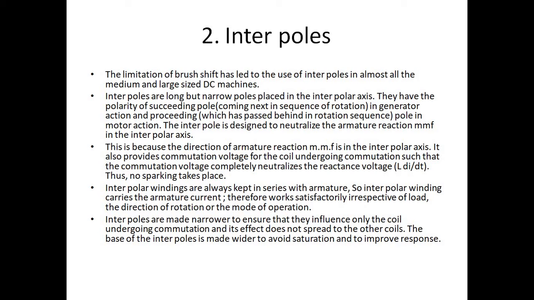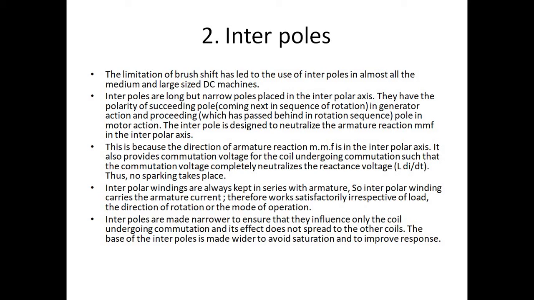The interpole is designed to neutralize the armature reaction MMF in the interpole axis. This is because it induces a commutation voltage in the coil undergoing commutation such that the commutation voltage completely neutralizes the reactance voltage, L di by dt. Thus no sparking takes place.